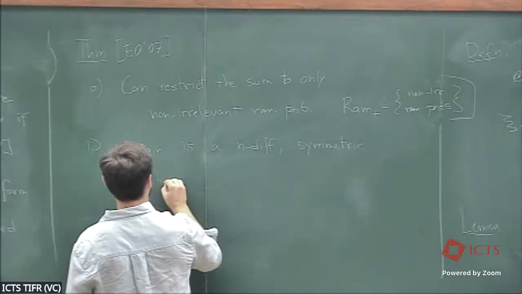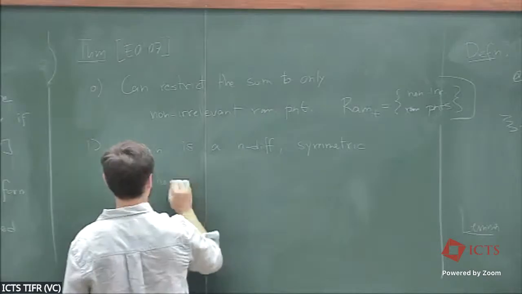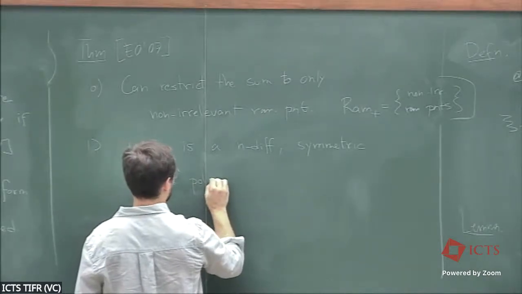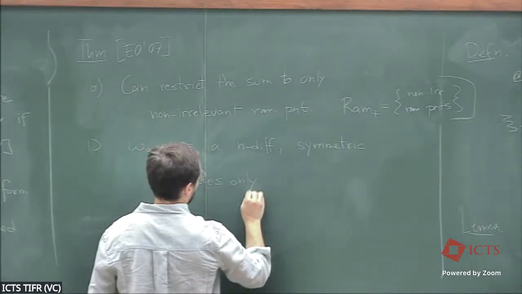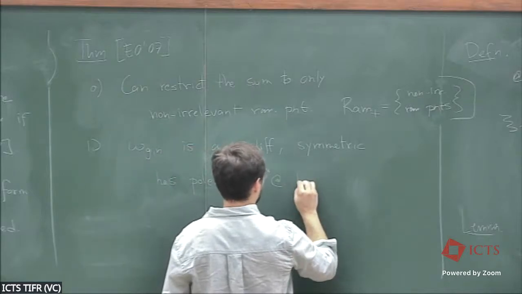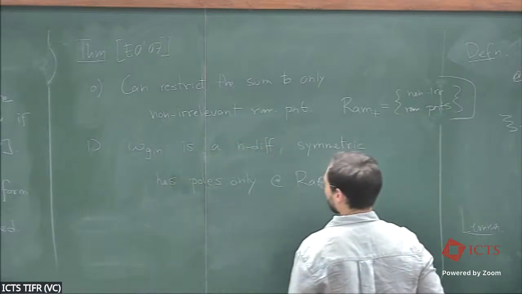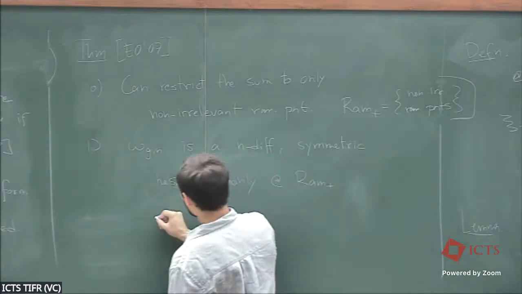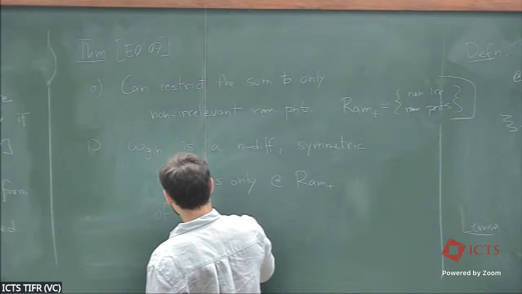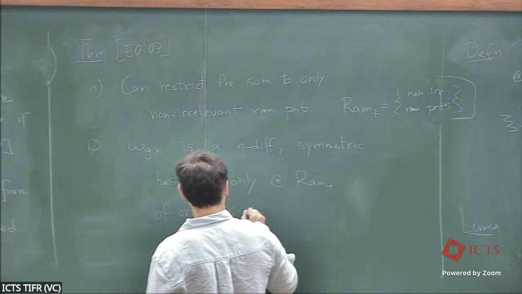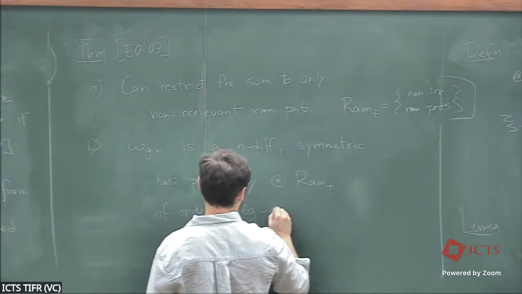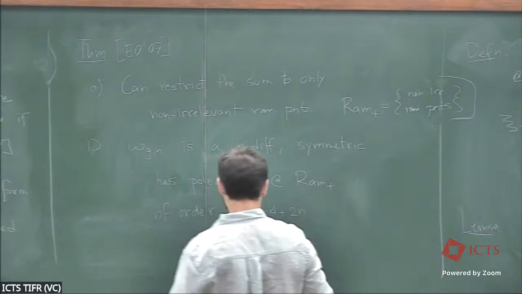It has poles only at the non-irrelevant ramification points of order less or equal than 6g minus 4 plus 2n. Okay.